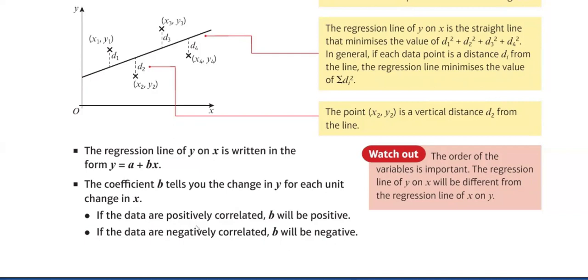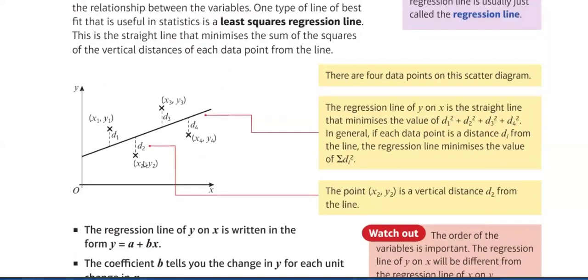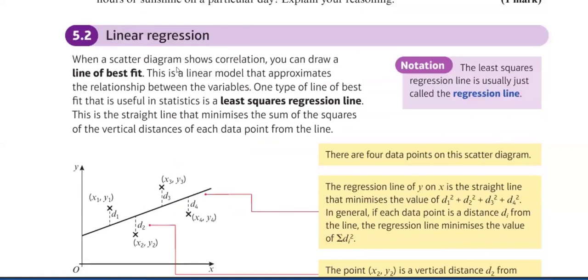If the data are positively correlated, b will be positive. Like this, no? It has a positive gradient. If the data are negatively correlated, the line will be like this. Therefore, the gradient is negative, and b is also negative. This is the basic thing you have to know about linear regression.